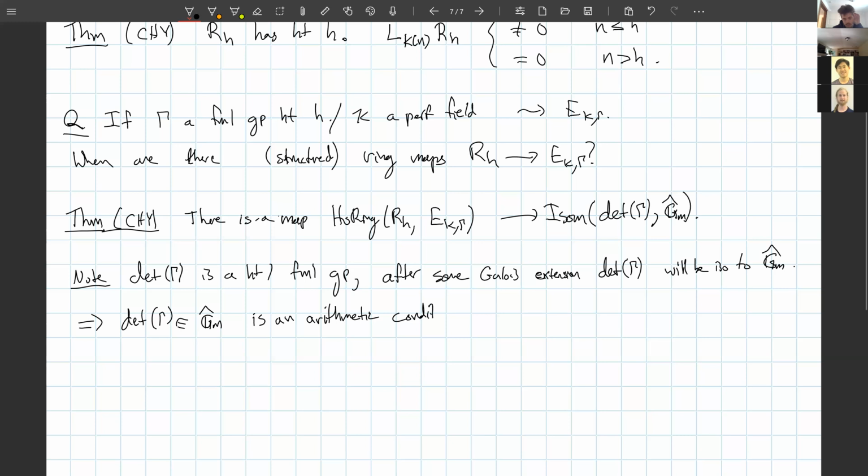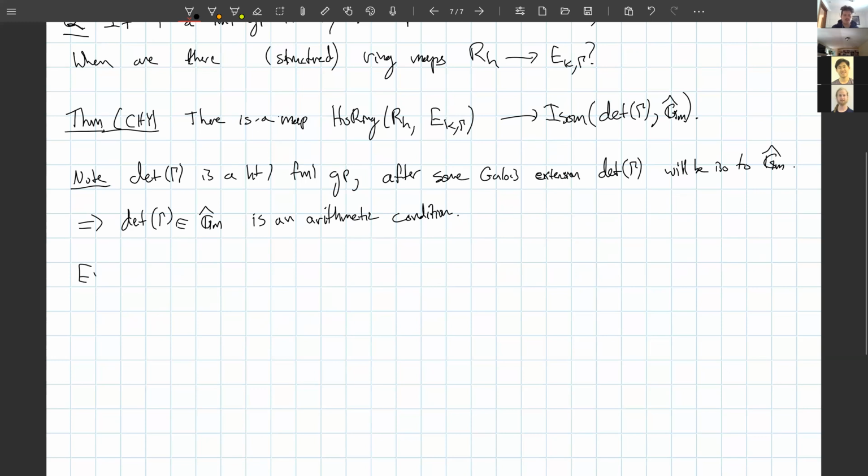So, some examples of this arithmetic condition. If I look at the formal group with [p]_gamma(x) equal to x to the p squared, then the determinant of gamma is not isomorphic to G_m over F_p, but over F_p squared it becomes isomorphic.